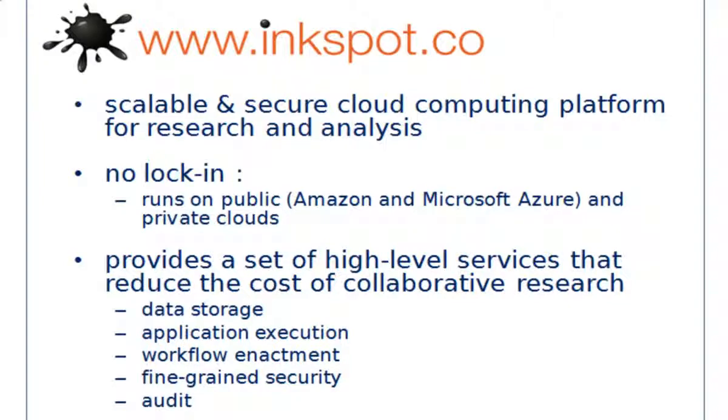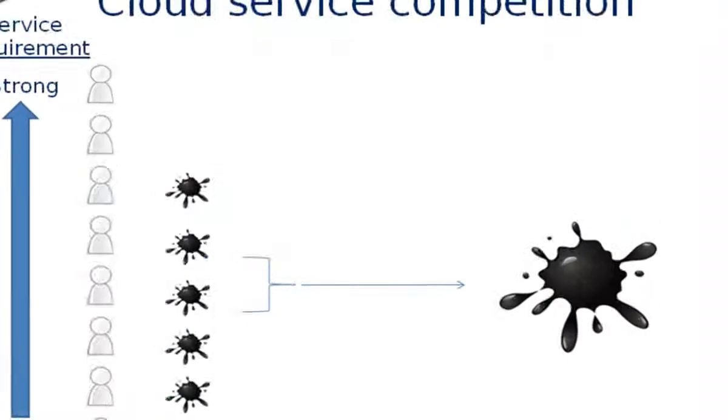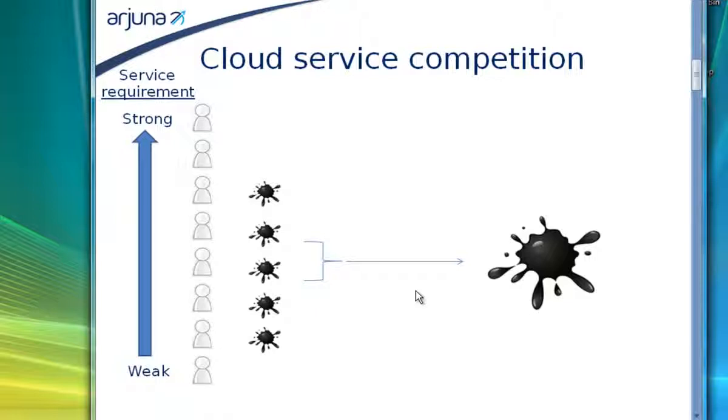So let's look at some of the problems that InkSpot might have to face following its launch as a cloud service. If it's early to market and if the service proves popular, the InkSpot application and service can expect a large number of users. Those users may have very different service requirements.